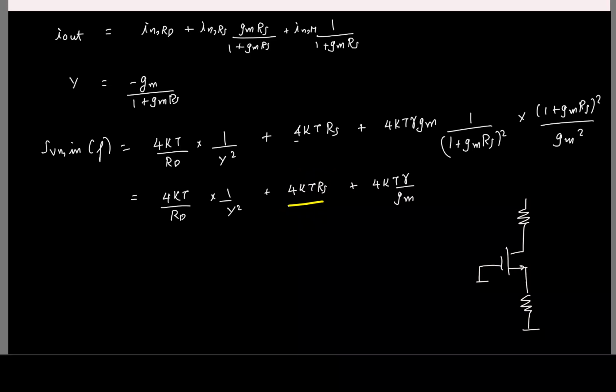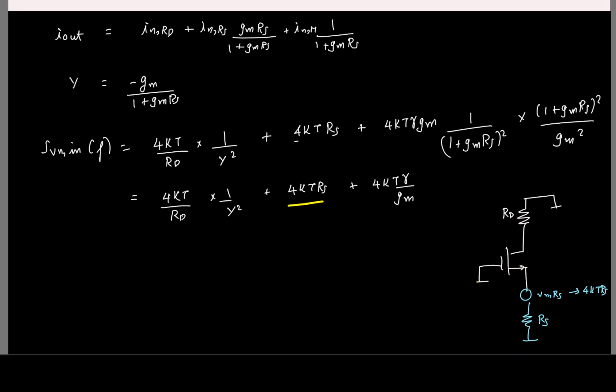Yeah, see, one thing is, we model the current due to the resistor using a parallel current source. How else can I model it? Can as well model it using a series voltage source. Okay, so I can do this also. And what is the power spectral density of this guy? 4 kT RS. And now you see that for a transistor, all that matters is gate to source voltage. It doesn't matter if I have something here or something here, right?